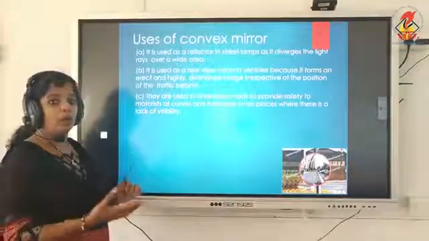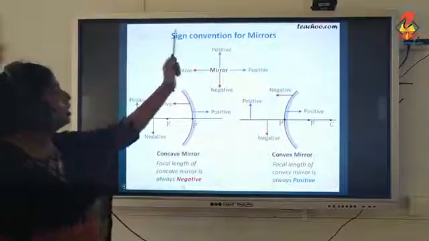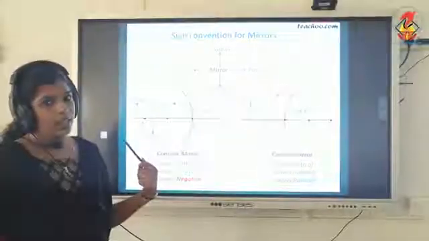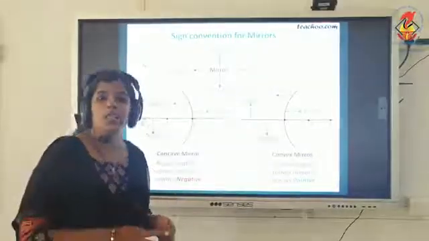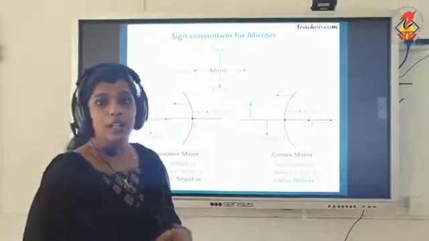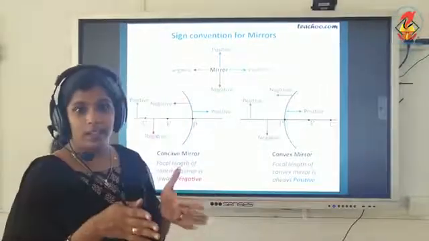Now, next important point, that is sign conventions for mirrors, the new Cartesian sign convention. So, there are rules.